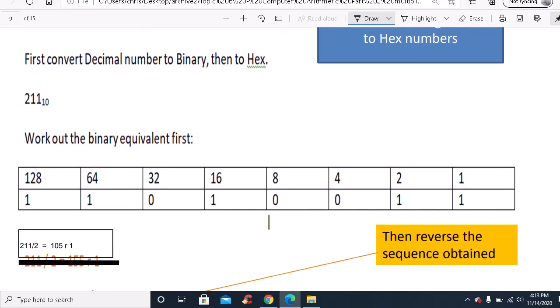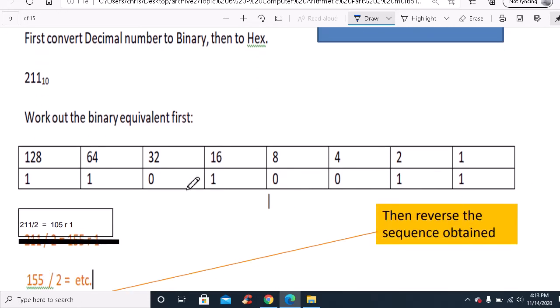And I'm going to compute the binary equivalent, which it turns out is 11010011. And you should immediately ask, well, how did you get that?